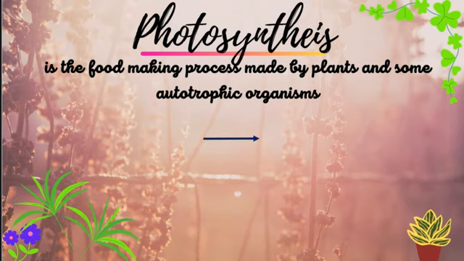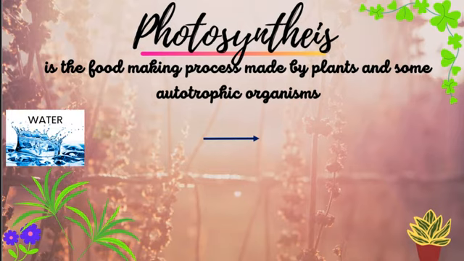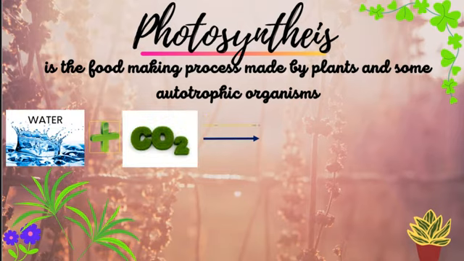To better understand the process, let us take a look at the raw materials needed for photosynthesis and the product of the said process. So the primary things needed for the process to happen are water and carbon dioxide, or CO2.